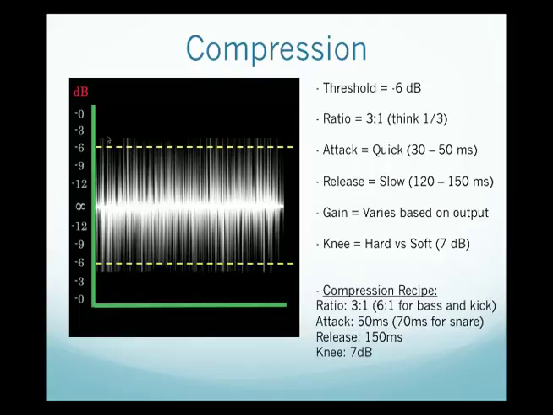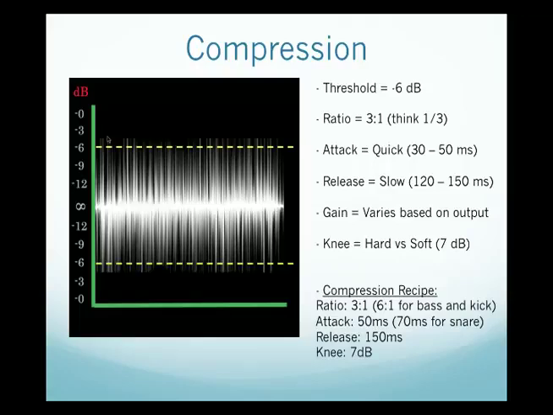Now, if you're looking at a bass guitar or a kick, use a ratio of 6 to 1. Use a higher ratio for those low frequency instruments. The attack, we can go ahead and settle in at 50 milliseconds for your attack time. Now, if you're looking at a snare drum, make that attack 70 milliseconds.